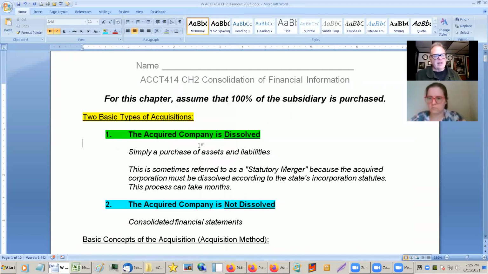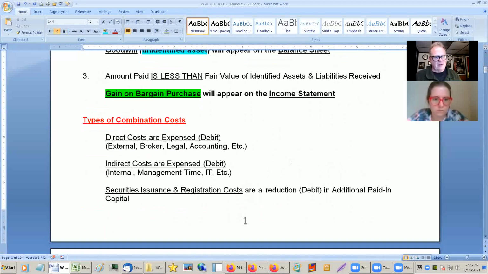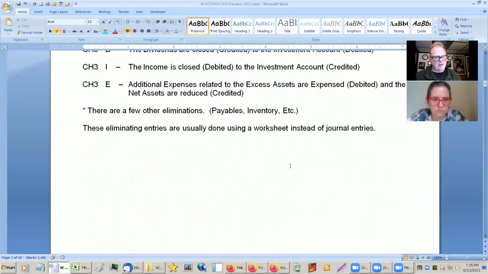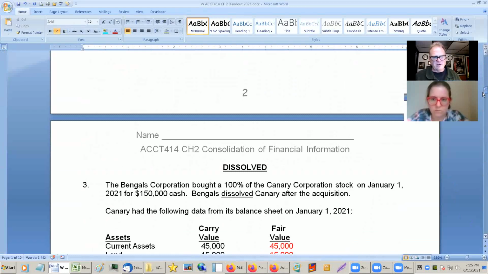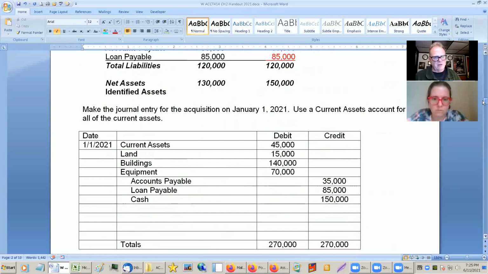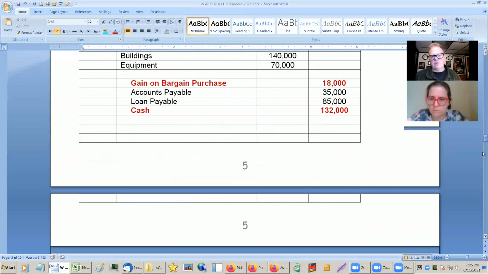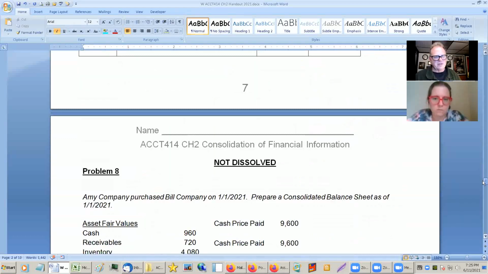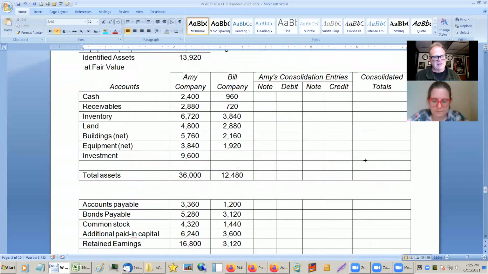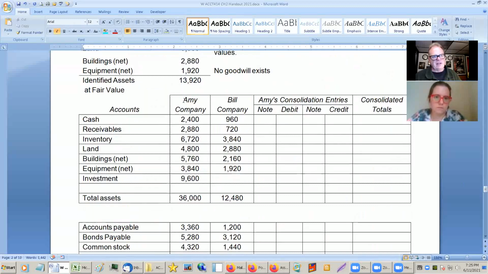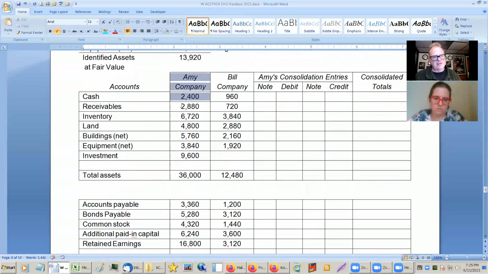So chapter 2. Let me think here. I'm not going to go over it. We're going to focus on the consolidations, this stuff down here, just to give you a heads up. So this is Amy and Bill company.